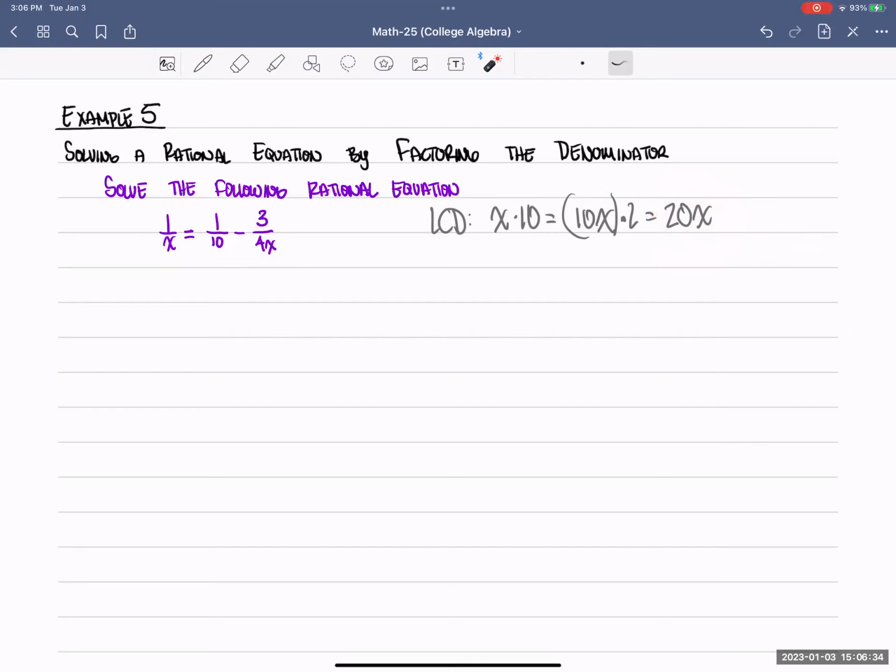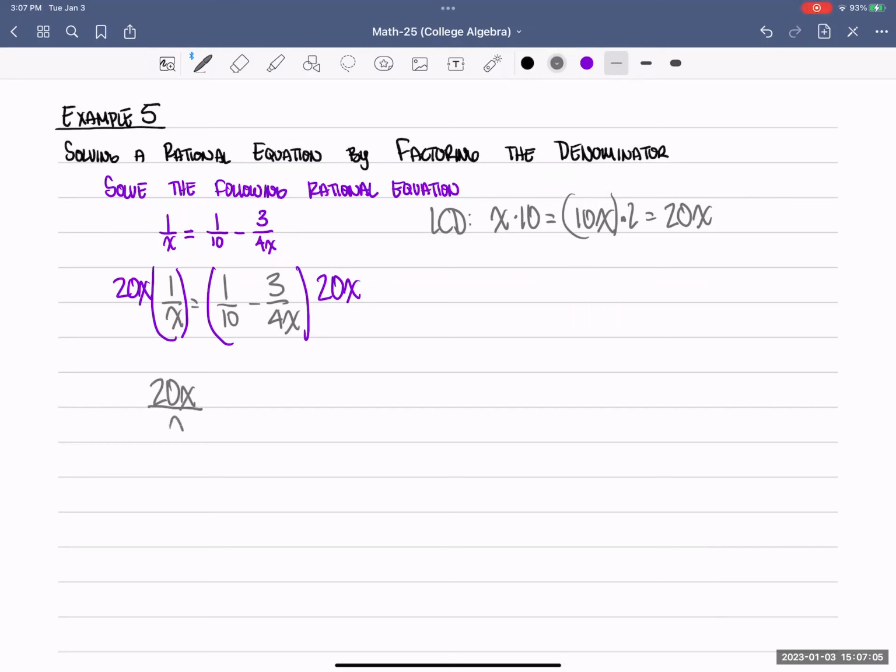So our LCD ends up being 20x. What we're going to do is multiply 20x to both sides and see what we end up with. So 1 over x is equal to 1 over 10 minus 3 over 4x, and we're multiplying both sides by 20x. So 20 times 1 is 20x over x.